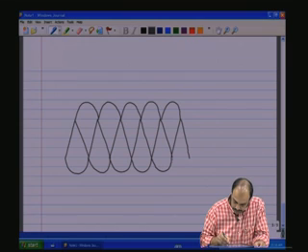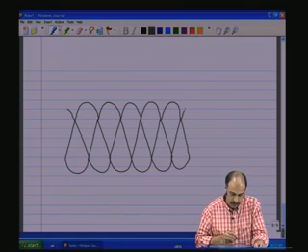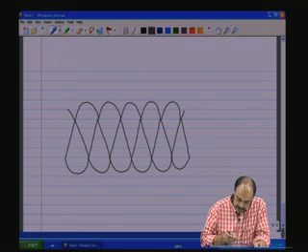As shown here. You can extend this triangular line out like that, and here also out like that. Okay. Now, this gives you a 3-phase waveform structure.